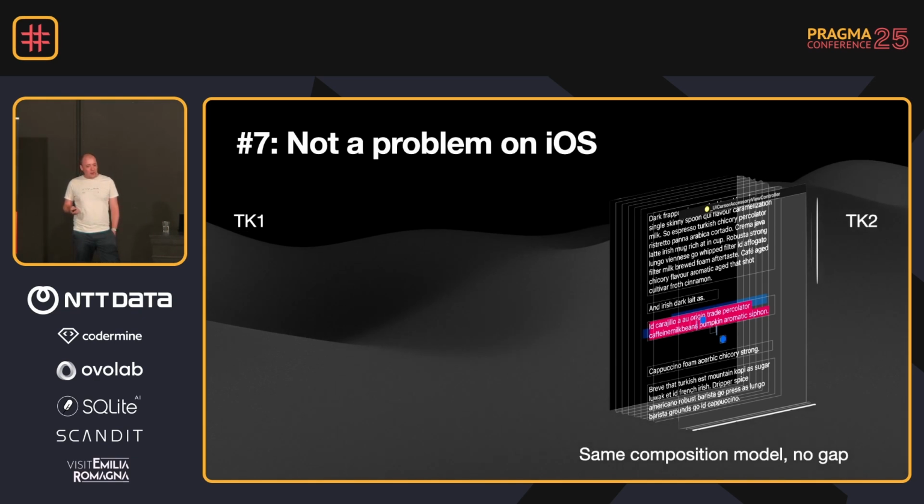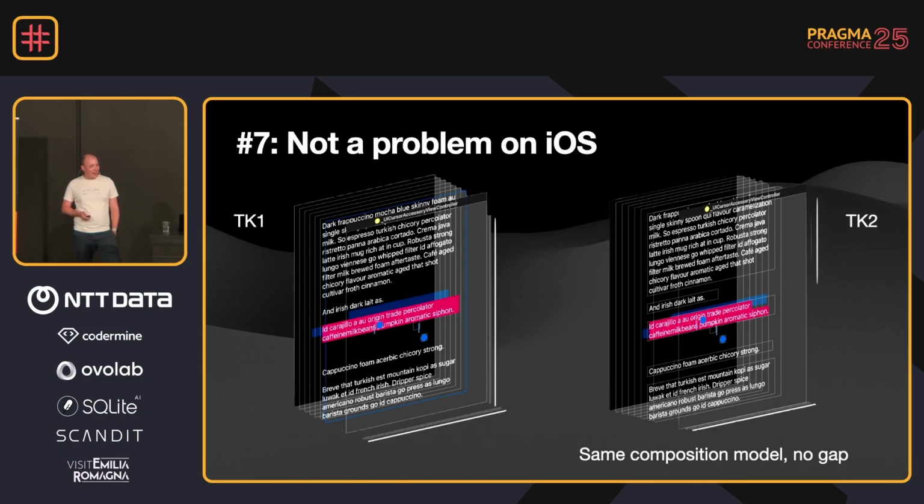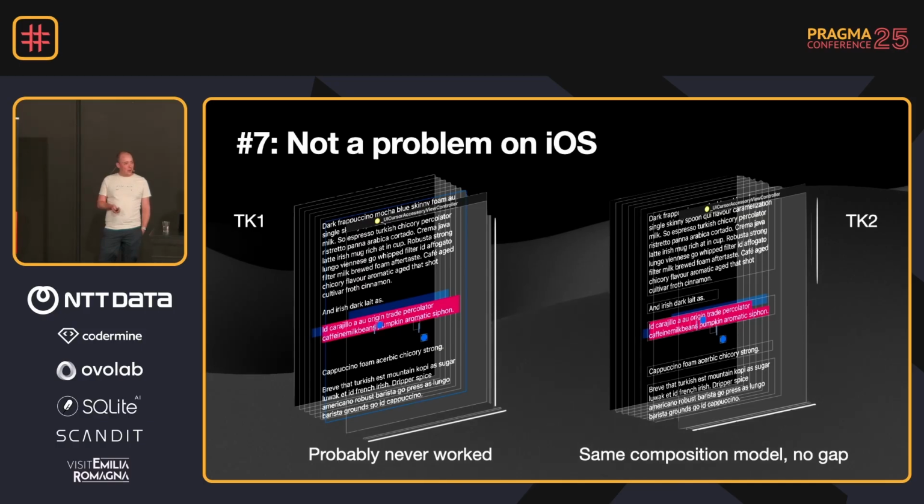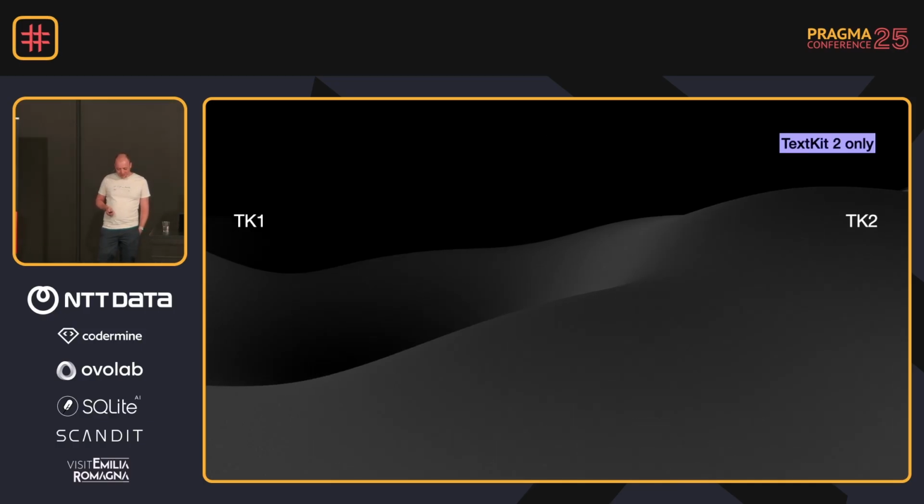Same composition model, just no gap. And you know what? It just never worked. It was broken from day one. They just didn't bother when they brought TextKit 1 to iOS. You have the handles. At least the handles are above, but the selection is gone.